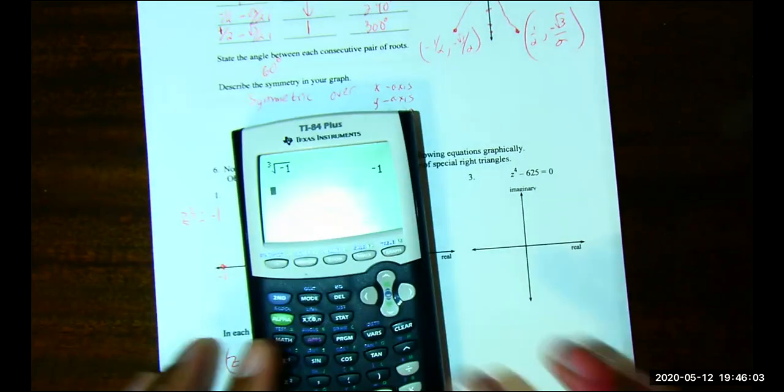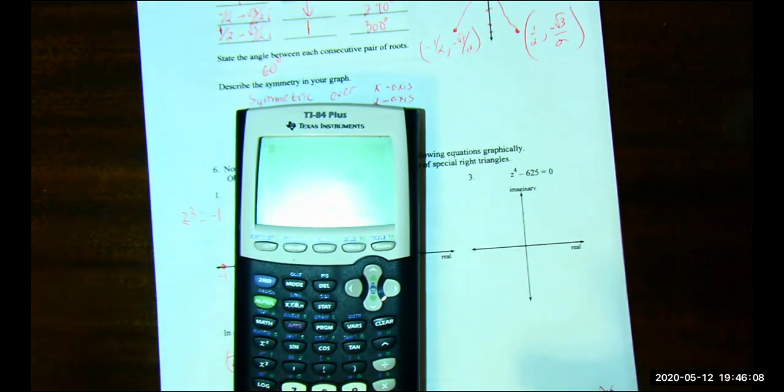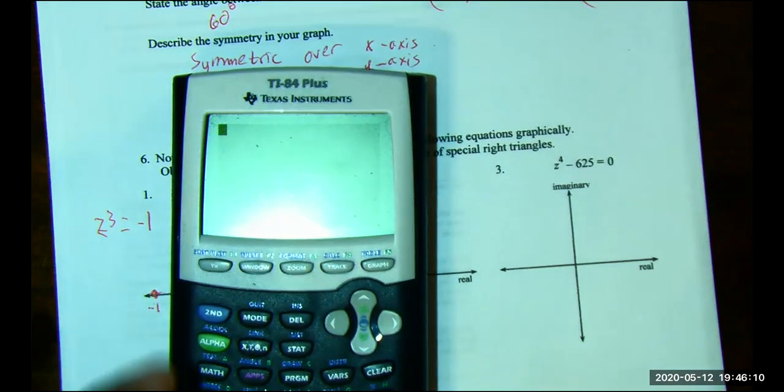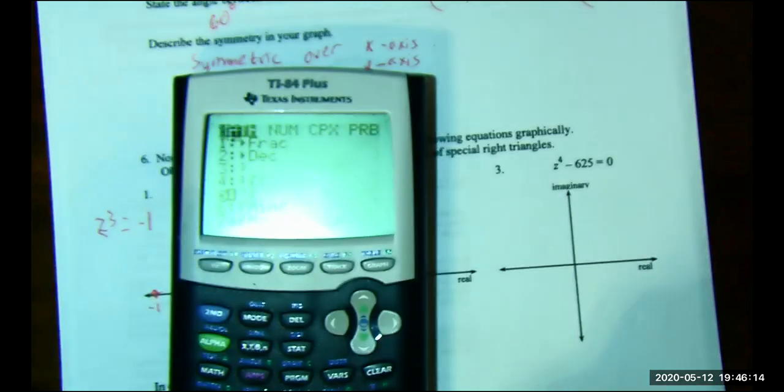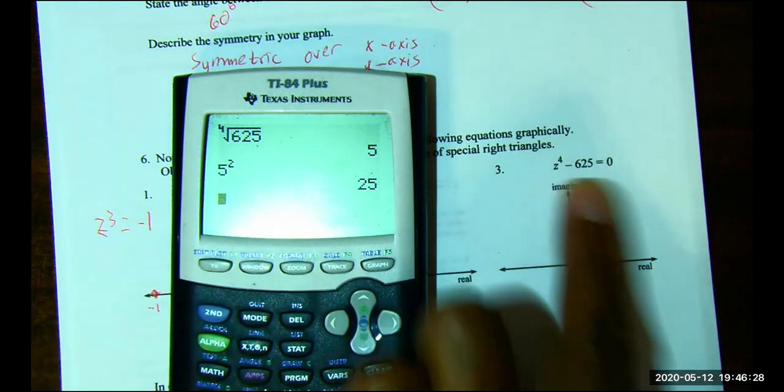Let's just think about this, the 4th root of 625. The 4th root is 5. We're going to have to break it down a little bit, and we'll break it down based off of z squared.